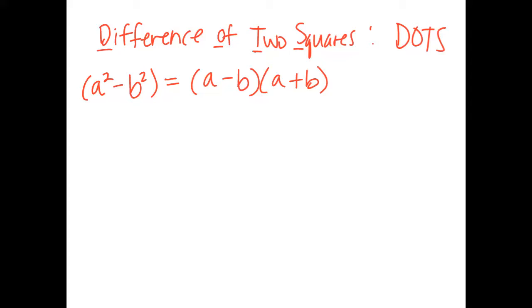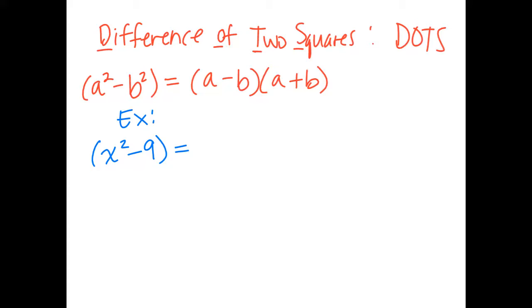So let's look at some examples. If I have an x squared minus 9, we just saw this in reverse. We multiplied it and we got x squared minus 9, right?